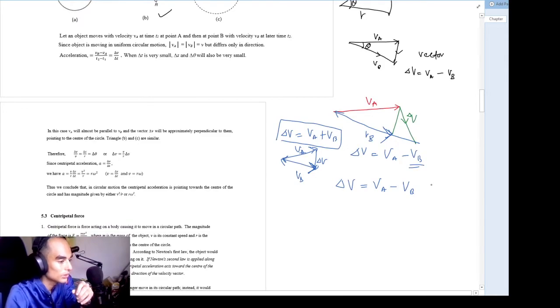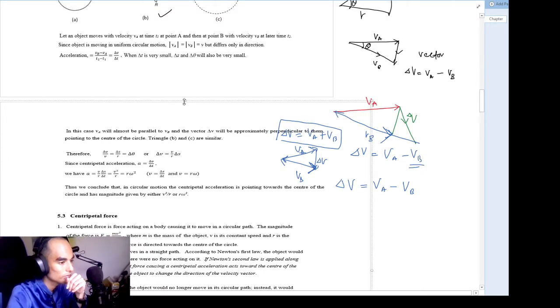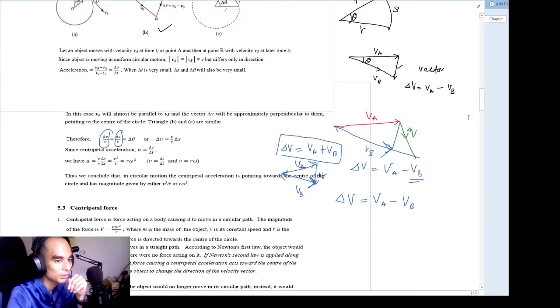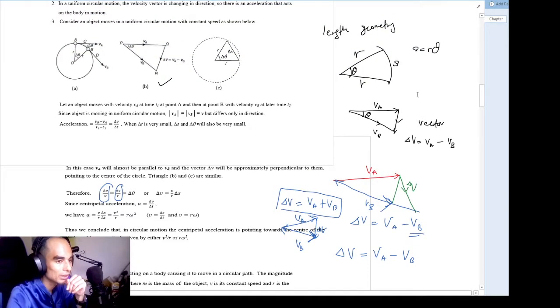Okay. So therefore, you can see that over here, change of V over V and change of S over R. So you have to combine these two by geometry and by vector. Change of theta, change of V over V, where is it?